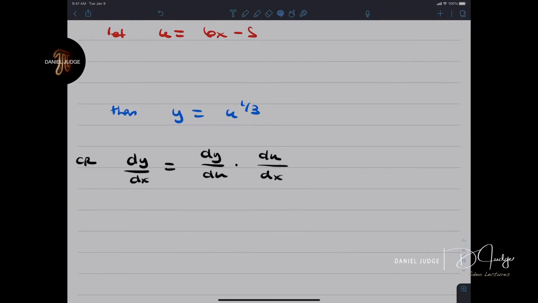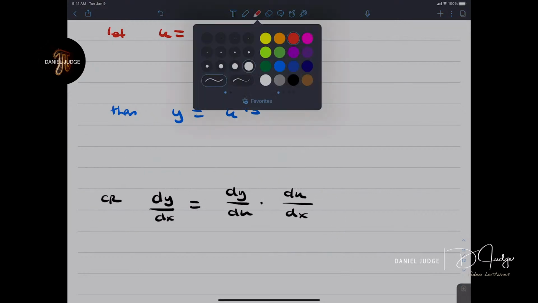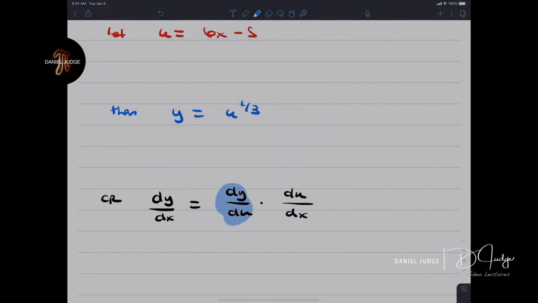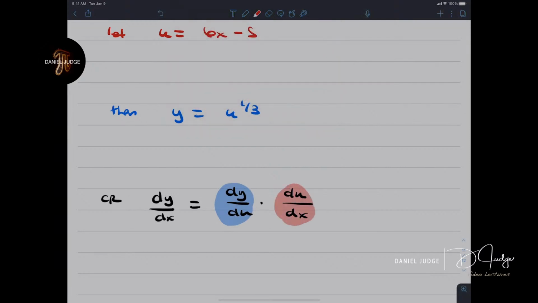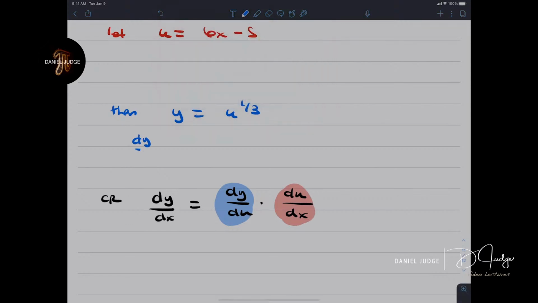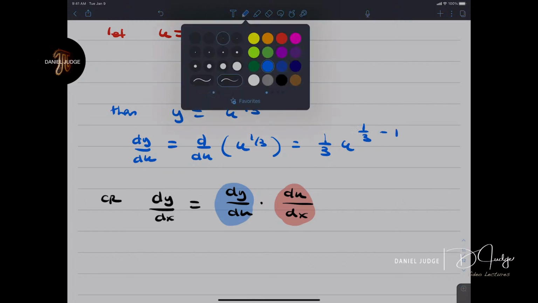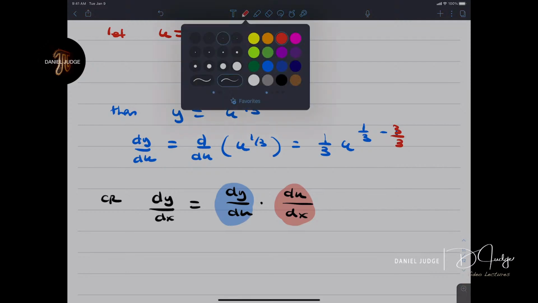So here's our chain rule. dy du times du dx. dy du becomes d du of u to the 1/3 power, which is 1/3 u to the 1/3 minus 1. 3/3.